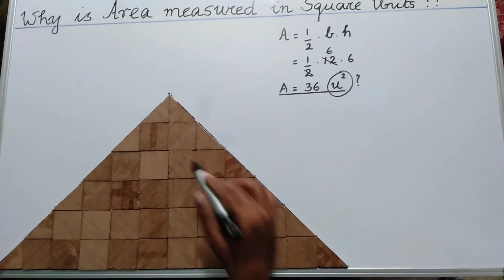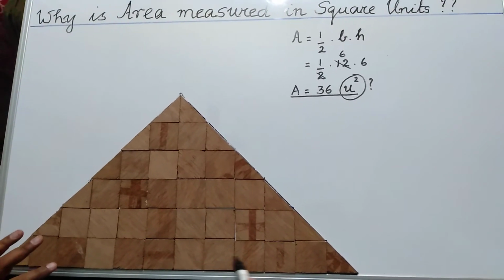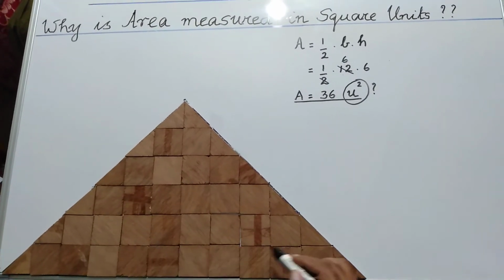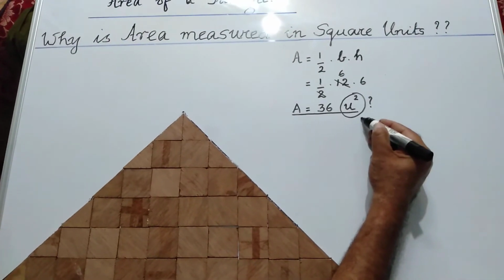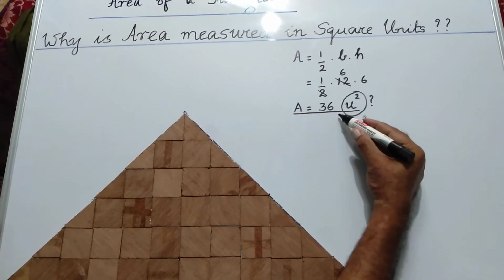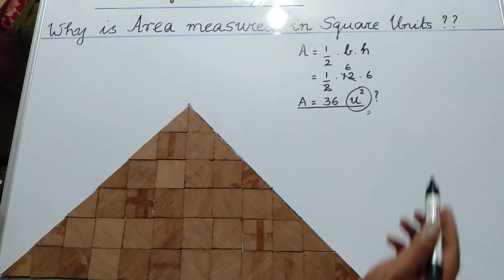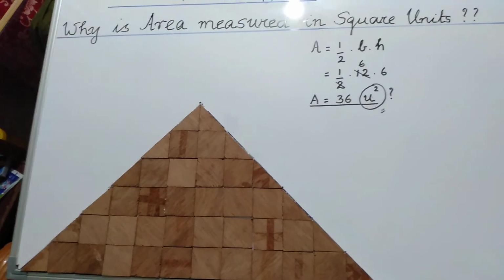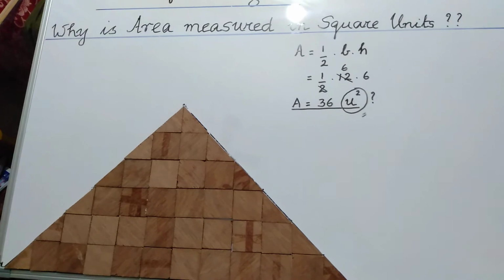In this specific example, in the triangle, we have 36 unit squares covering the surface, and by using the formula, we calculated that the area is 36 unit squares, and this is the reason why the area is measured and expressed in square units.